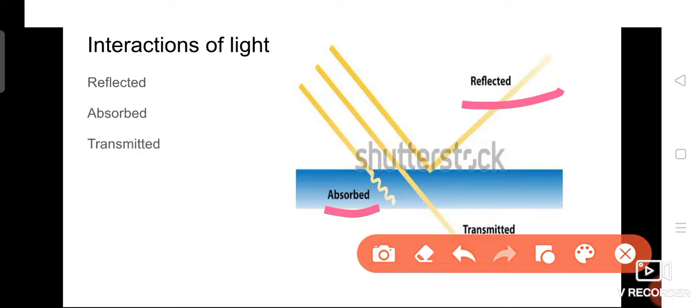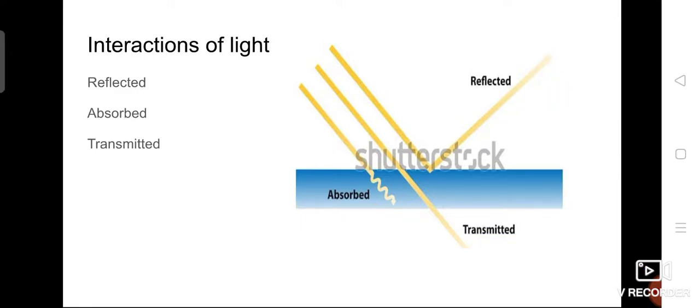Okay. So when you talk about a translucent object, some part of the light will be transmitted, some part of the light is absorbed, and some part of the light is reflected. So depending on how much light is reflected, absorbed and transmitted, an object is classified as transparent, translucent or opaque.